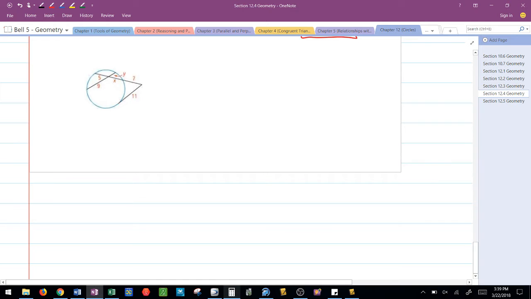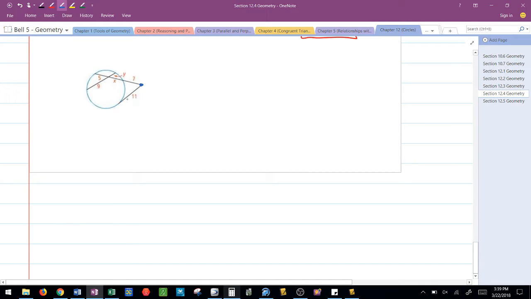All right, last problem that we're going to look at. So we've got to find x and y here. Now, to find x, let's see. I know that the vertex here is on the inside. I'm trying to see. I can't quite do this problem by using that vertex because I have 9 and y, 5 and x. So in this particular problem, to find x, I've got to start out here.